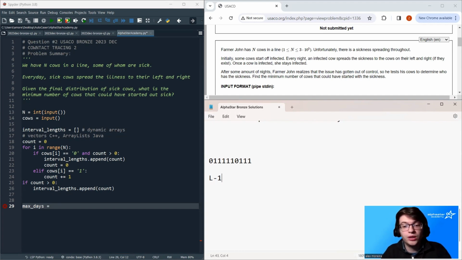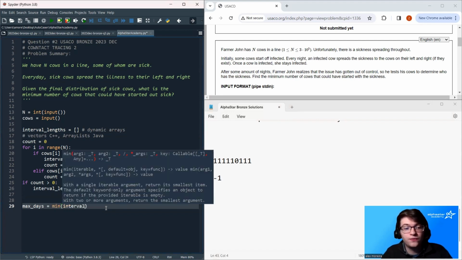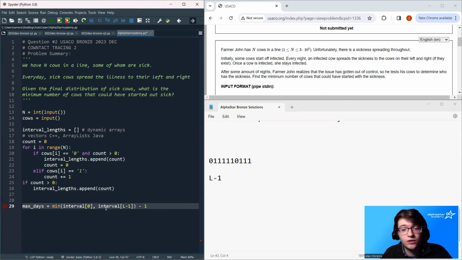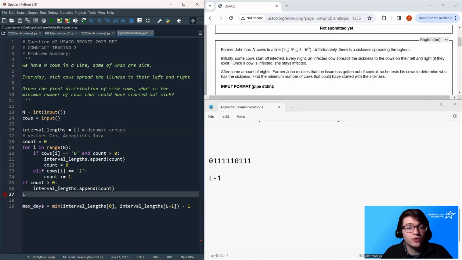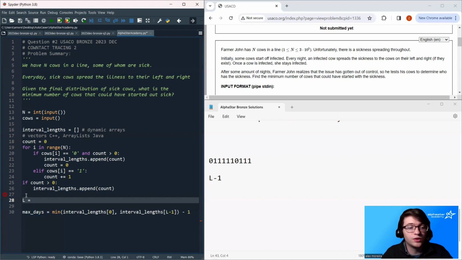So in order to amend for this, we're going to do the following thing. We're going to take the minimum of the first interval and the last interval and subtract off 1. And this is going to be our start value for the max number of days that have passed. L here, I'm just denoting as the number of intervals. So L is the number of intervals.